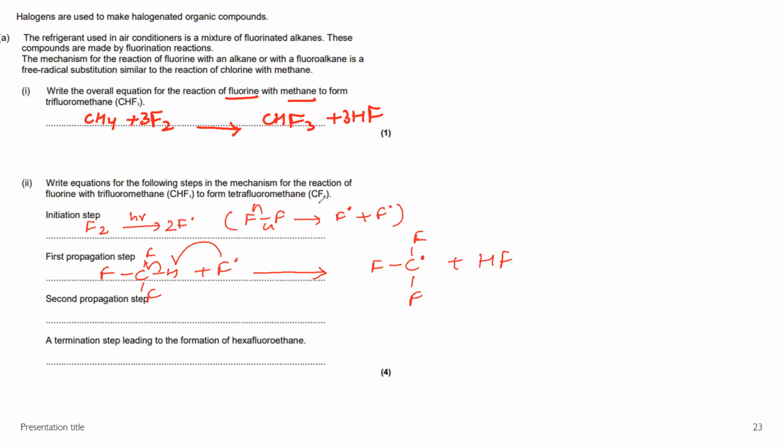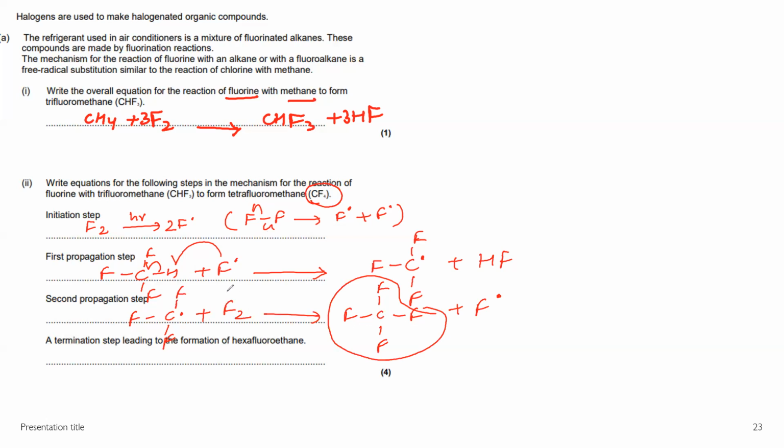Now we have second propagation step. So what we have to show? We have to show the formation of tetrafluoromethane. So this is my trifluoromethyl radical. So this is my free radical. Now what will happen? This free radical will combine with F2 to form this plus F radical. So this is the formation of tetrafluoromethane.